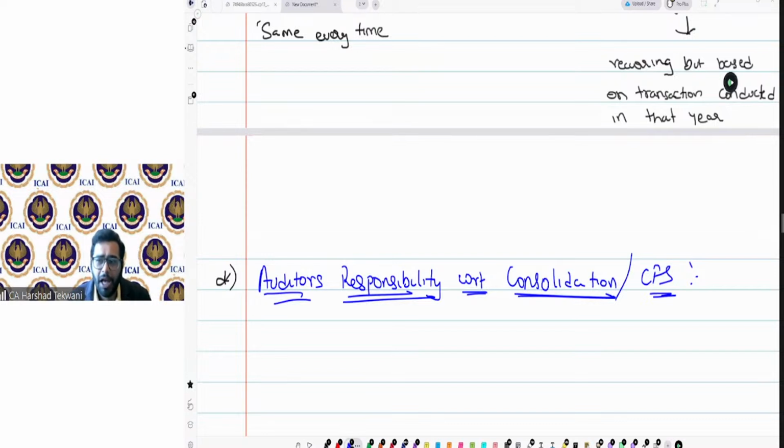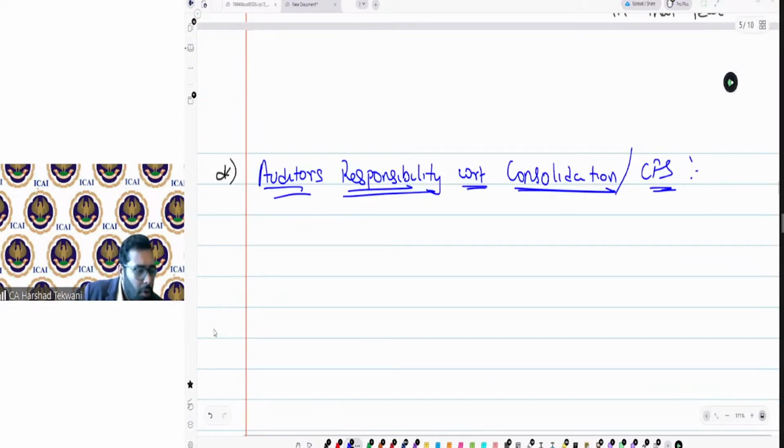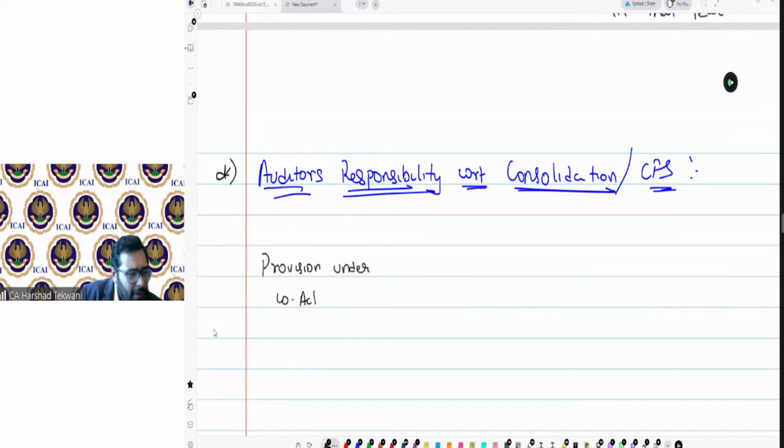auditor's responsibility in case of an audit under Companies Act? So, I'm asking the provision under Companies Act with respect to duties of auditor.